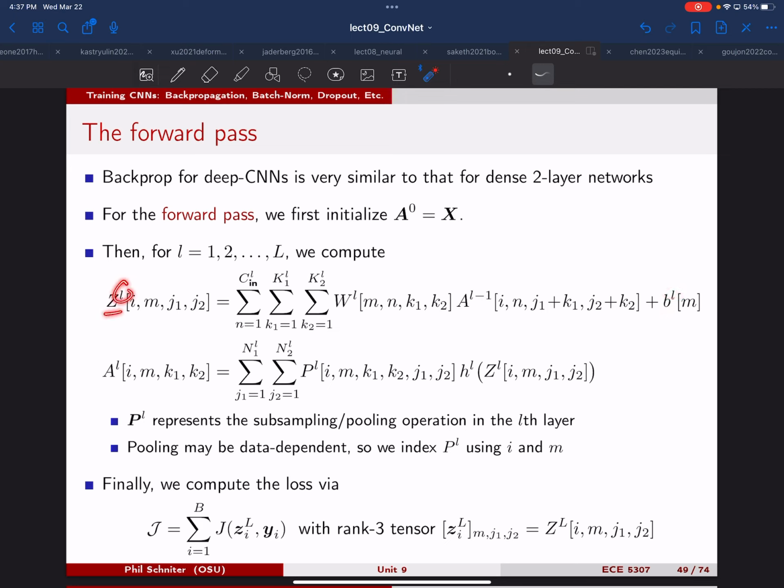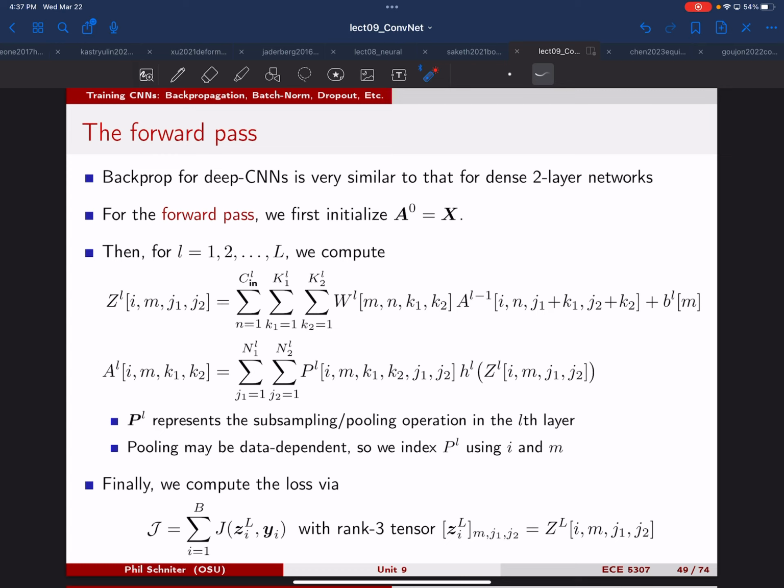This gives you the scores for layer L. And then those scores are going to go through the hidden activation for layer L. But we also are going to have this kind of general thing, which is going to represent the subsampling or pooling operation that might be in that layer. So maybe we're going to downsample by 2, or maybe we'll do max pooling or average pooling.